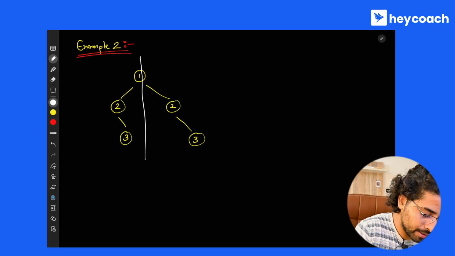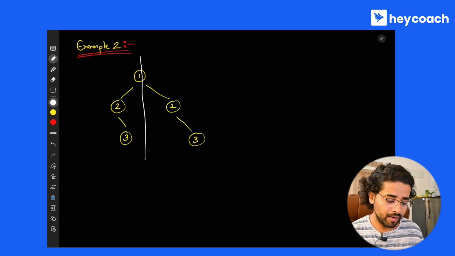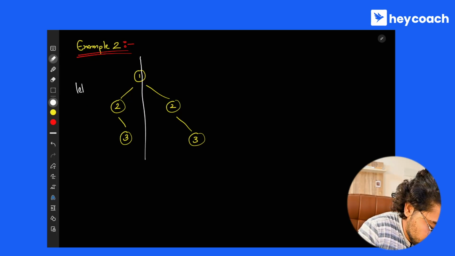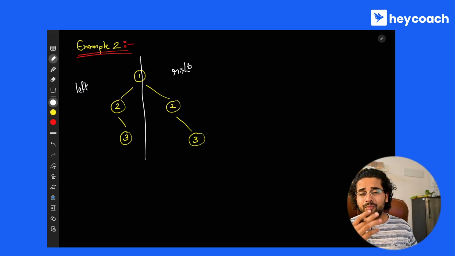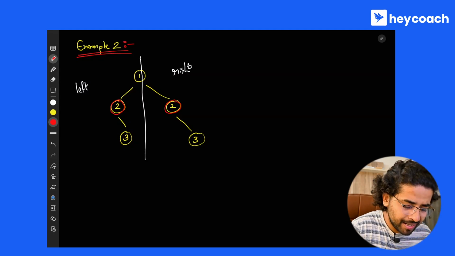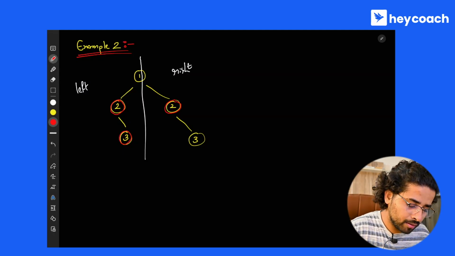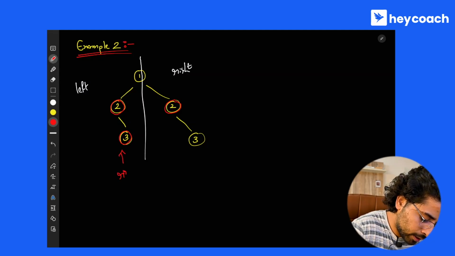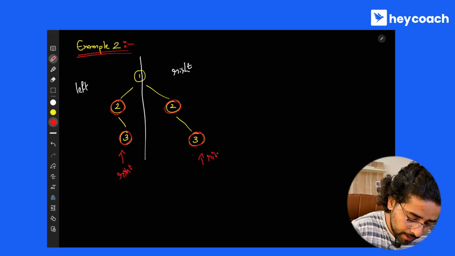If I try to mirror the left part to the right side, this is the left part, this is our right part, and we draw the line from the root toward the center point. If I try to replicate this left node toward the right node, it comes out correct. But if I try to replicate this 3 node, 3 is at the right side, and this is also a right side.